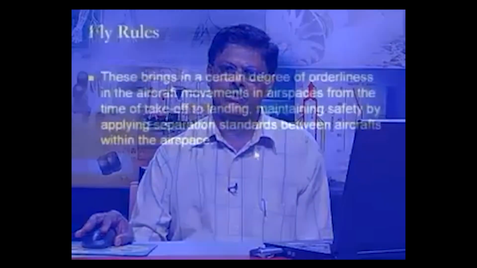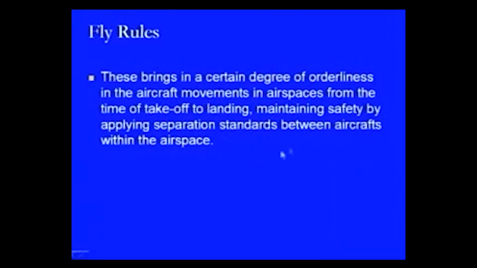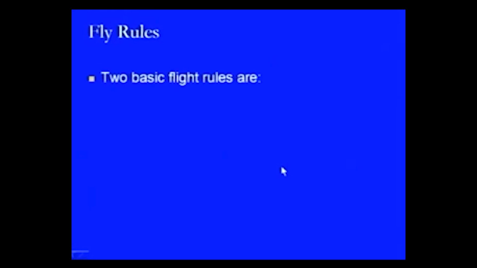So, that is the advantage of having rules related to flying of aircraft. If we have these rules, then we can maintain the separation between the aircraft, and we can also maintain the safety of those aircraft during different types of operations.